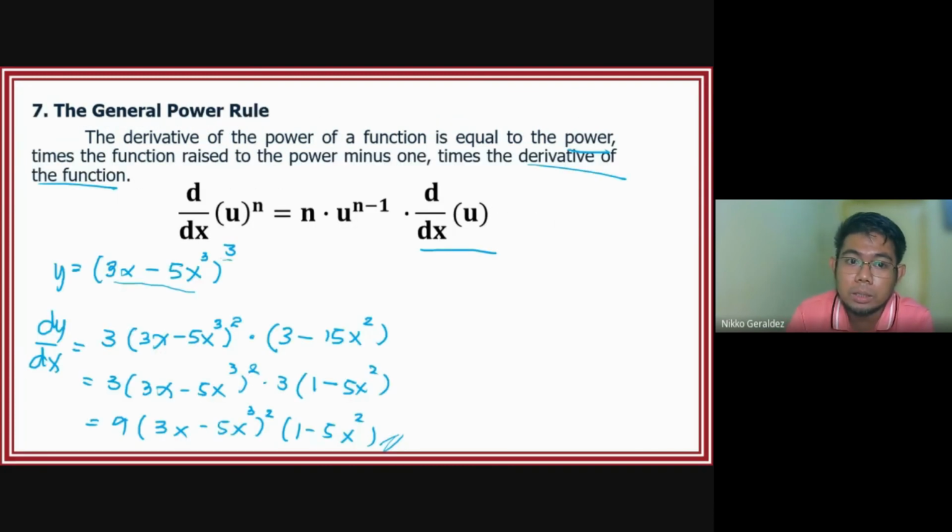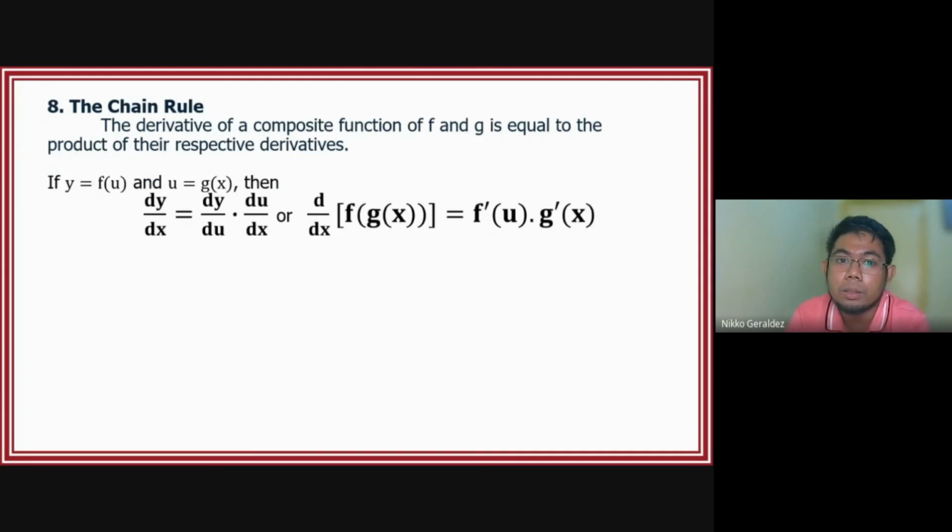Two functions: 3x minus 5x cubed, then x cubed. Kinuha natin derivative ng x cubed, then derivative of 3x minus 5x cubed. So, general power rule is chain rule. Two functions.